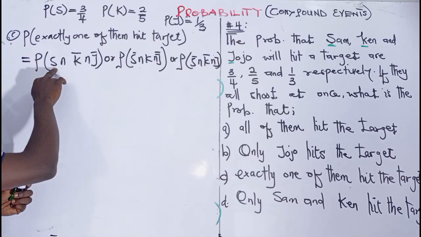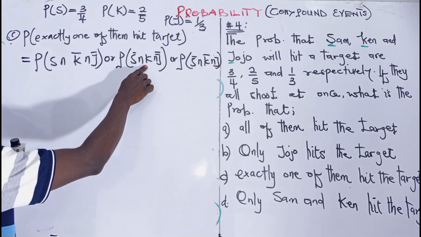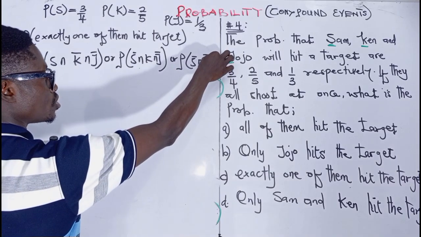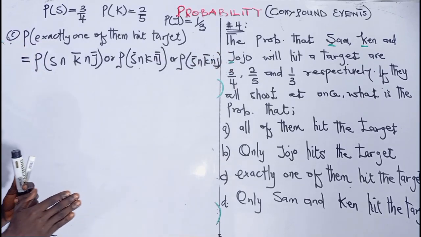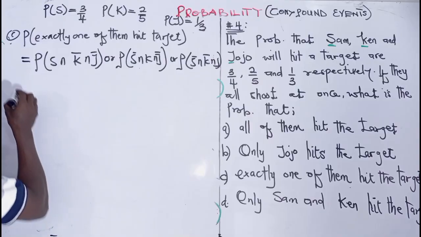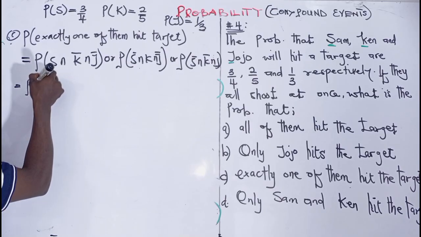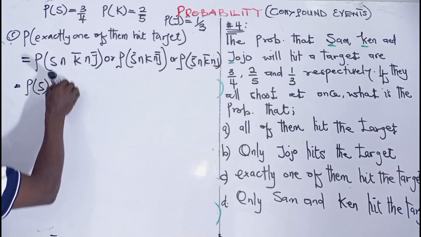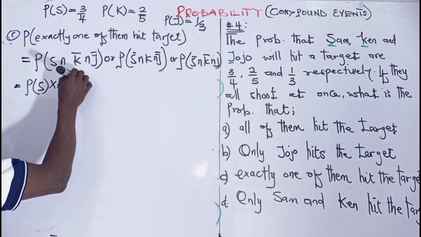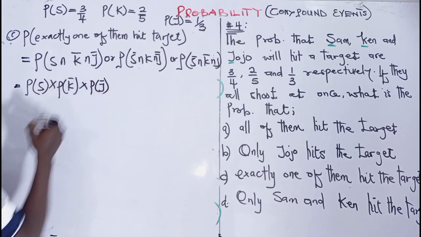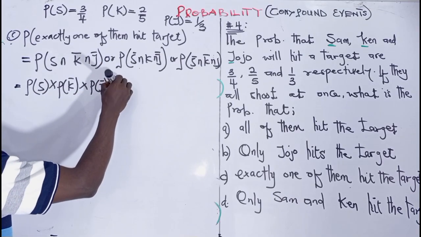With this event, it is Sam who is hitting the target. In this one, it is only Ken who is hitting the target, and with this one, it is only Jojo who is hitting the target. So we have exactly one of them hitting the target. So we have probability that Sam will hit the target multiplied by P of K complement multiplied by P of J complement. This all means the addition symbol.